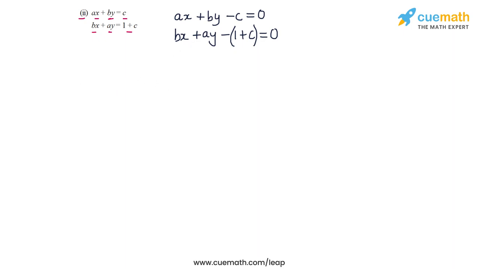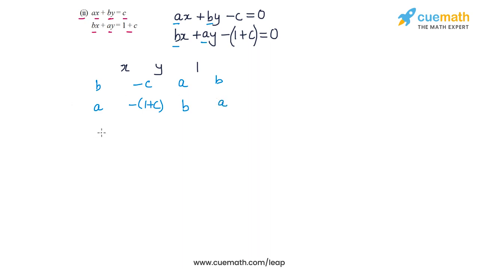Now to do cross multiplication, we have the variables x, y, and 1, and now we have to write the coefficients. First we write the coefficients of y, b1, b2, so that's b and a in this case. Then we write c1, c2, so that's minus c and minus of 1 plus c, and then we write a1, a2, that's a and b, and then we write b1, b2 again, so that's b and a.